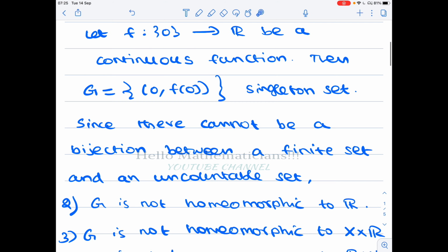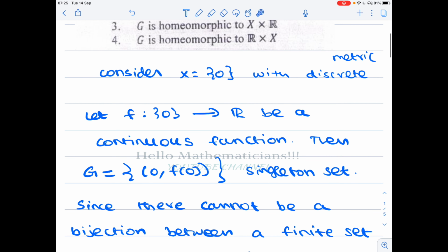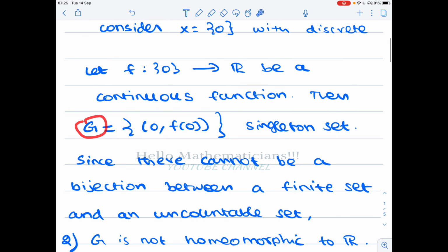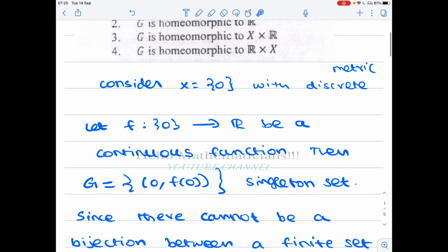Okay. So for example, in this example, we take X to be the singleton {0} and we take a continuous function f from {0} to R. You just need to define the image only at 0, right? Therefore, the graph of the function consists of only one point, (0, f(0)). Okay, so G is a singleton set because X is a singleton set.